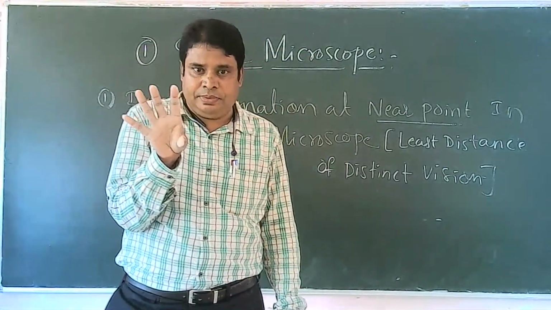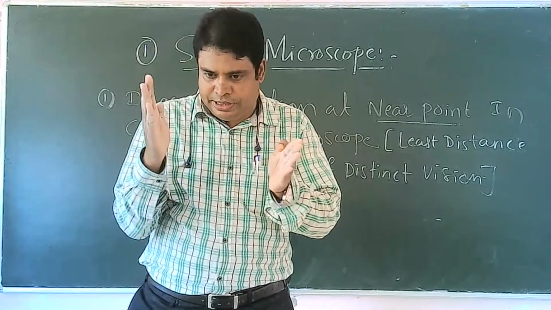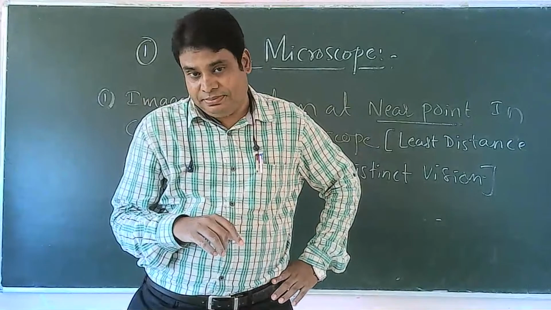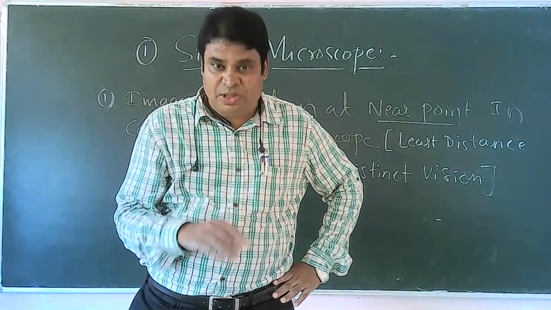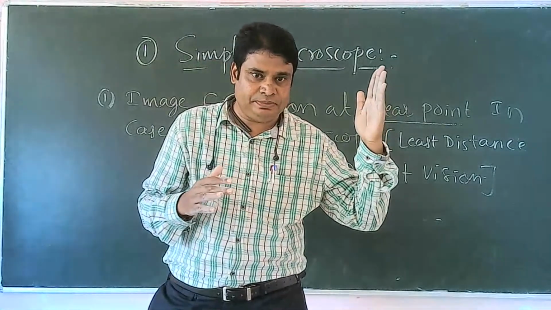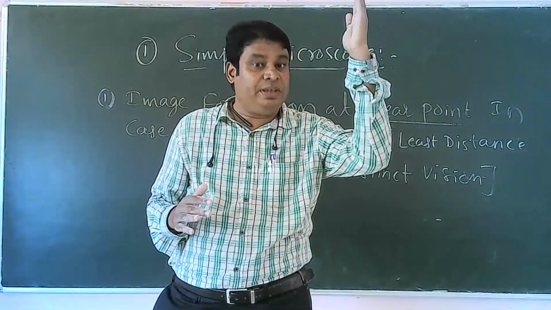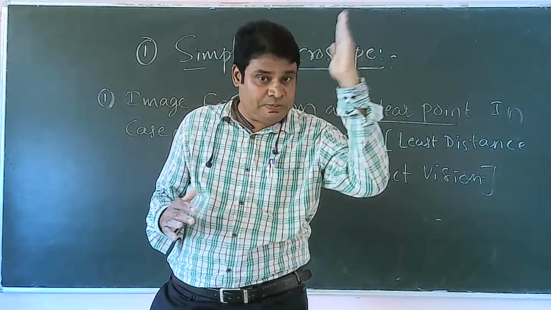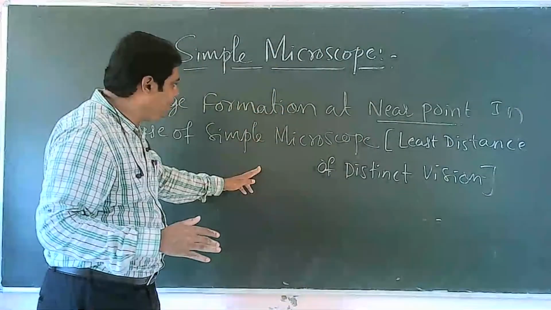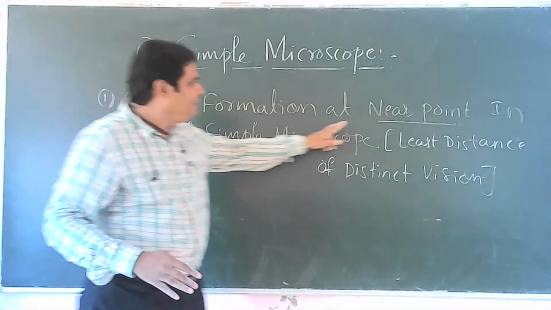Imagine an object is placed in between focus and optical center. Then where actually is the image formed? What is the nature of the image? If you remember, the image is formed on the side of the object. It is virtual, erect. This position of the simple microscope is called what?